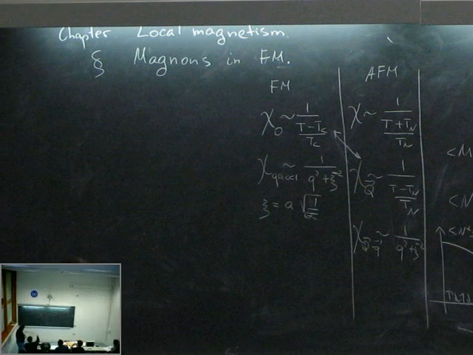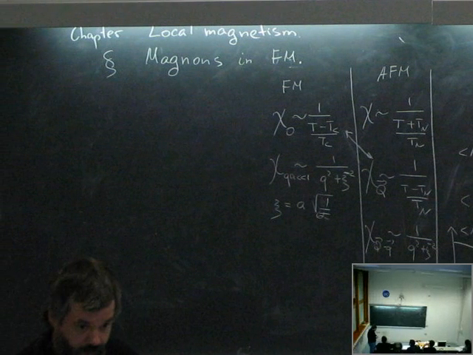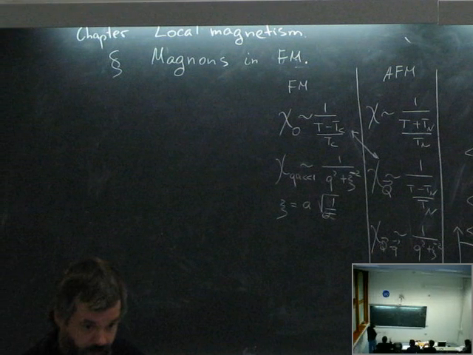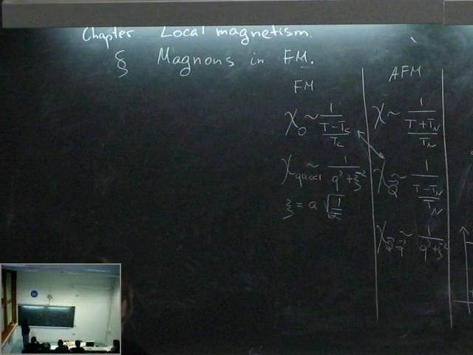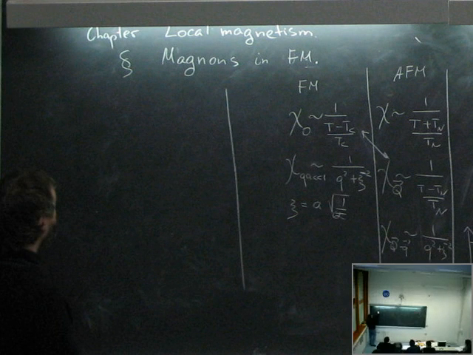So are you assuming that the spin at A and the spin at B have different magnitude? It's a very good question. Thank you for asking me that. In principle, we can have a situation, for example, of that sort.